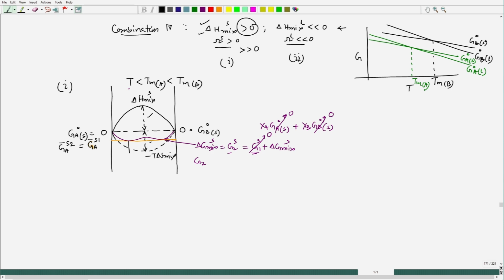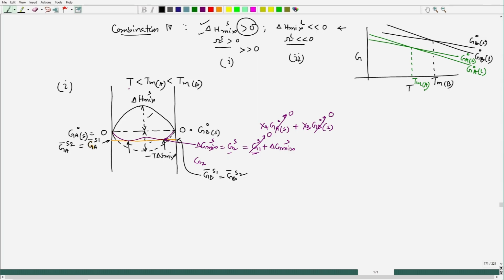So, these are two solids. In order to differentiate the two solids, we are putting S1 and S2, and this point corresponds to that, and this point corresponds to G B bar S1 equal to G B bar S2. So, these two phases will be in equilibrium.